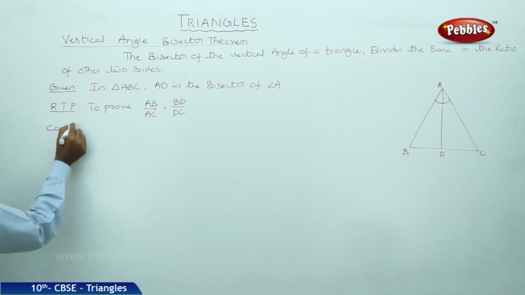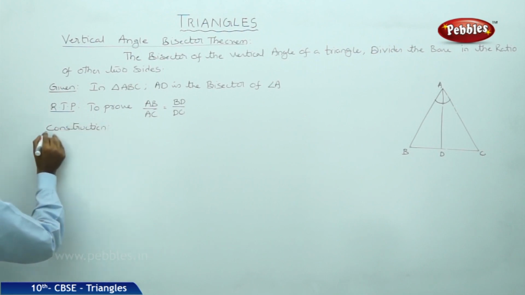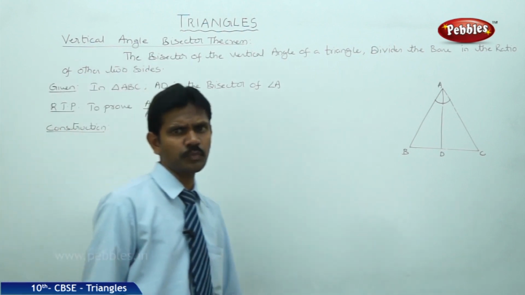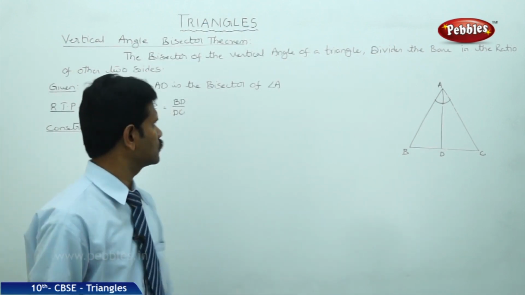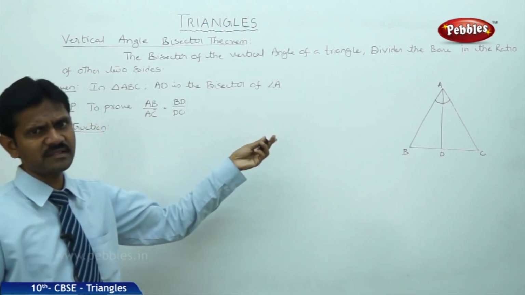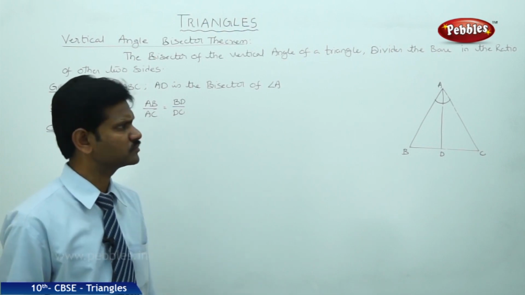Construction. In some questions, the given information is not sufficient to prove the theorem. In such cases, we have to add some additional angles and sides. Such parts are included in the construction.